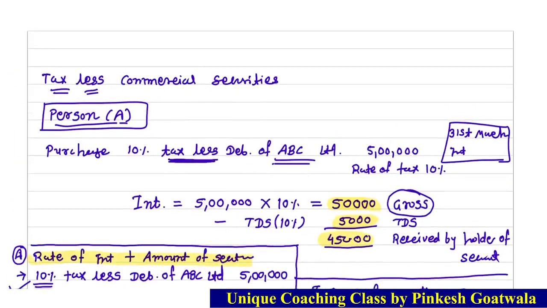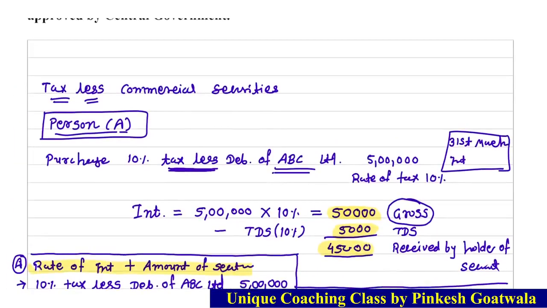If a friend of A, that was B, asks A, brother, how much interest have you received from this taxless debenture of ABC Limited, meaning what did you get at the end of the year? So what did person A tell?